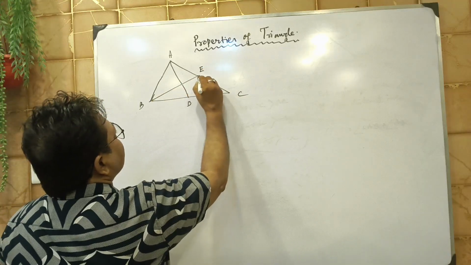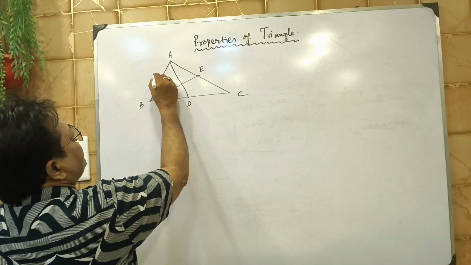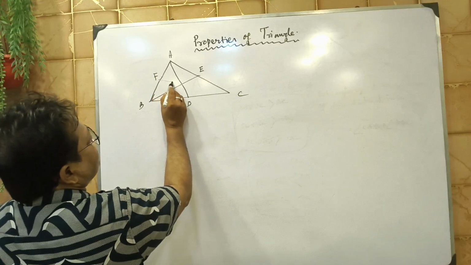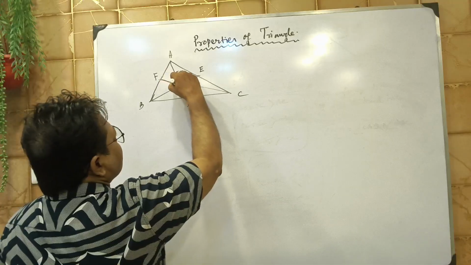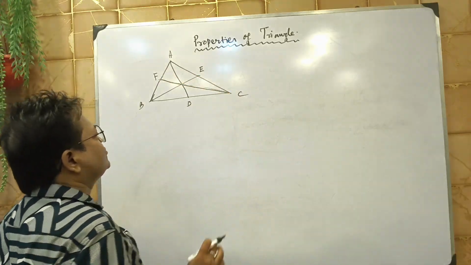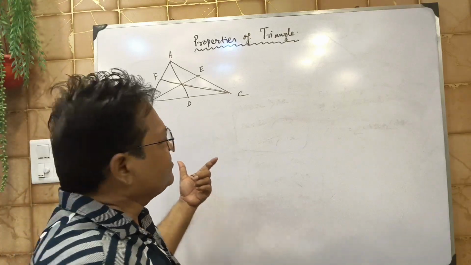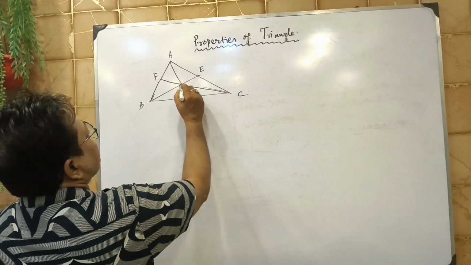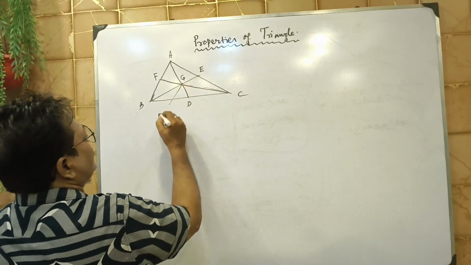Join B and E, and this is the midpoint of AB, F. Join this. You will see that these three straight lines joining the vertex to the midpoint of the opposite side must pass through a point which is called the centroid.